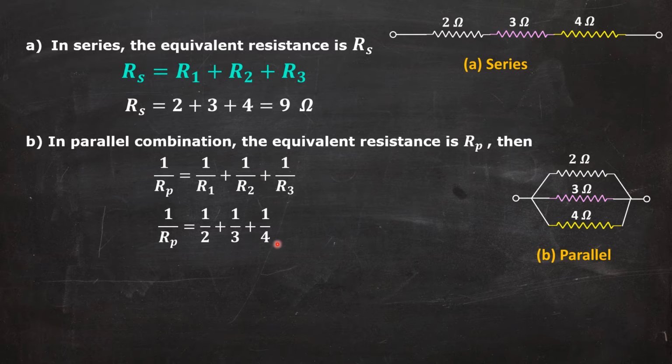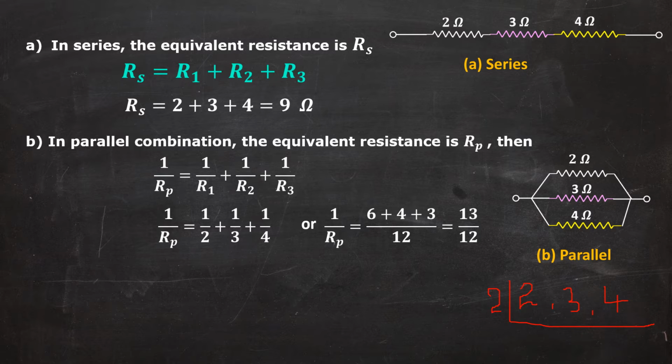Now we have to take the LCM of 2, 3, 4. 1 by Rp is equal to, the LCM is 12 here. You can see here, 2, 3 and 4, LCM.